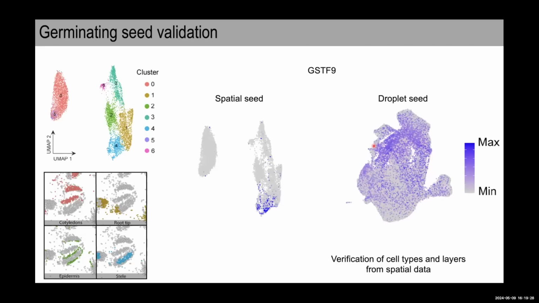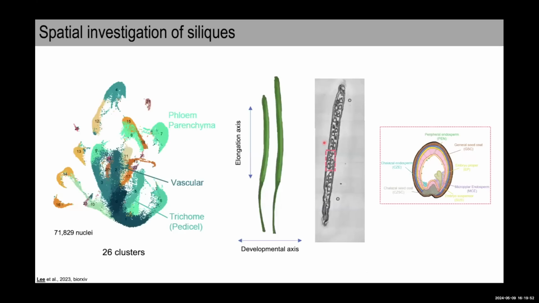So we can somewhat confirm with high confidence that that region is associated with the stele of the developing seedling. So that was really great and allowed for higher confidence in annotating our seed data set, which maybe lacked some high resolution data sets to correspond to it.